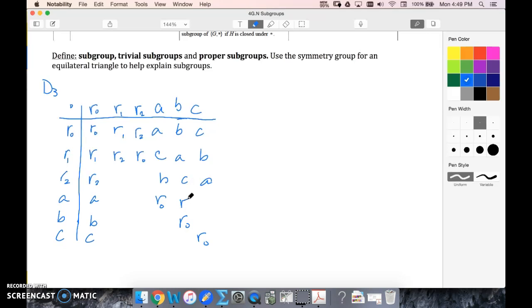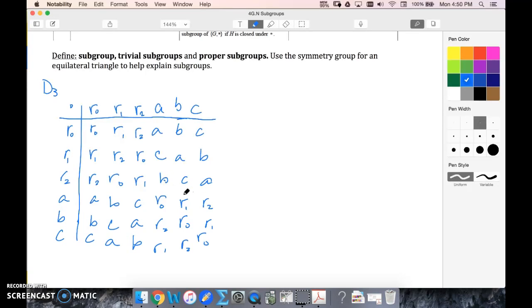And then R1, R2. All right, so here's our Cayley table.